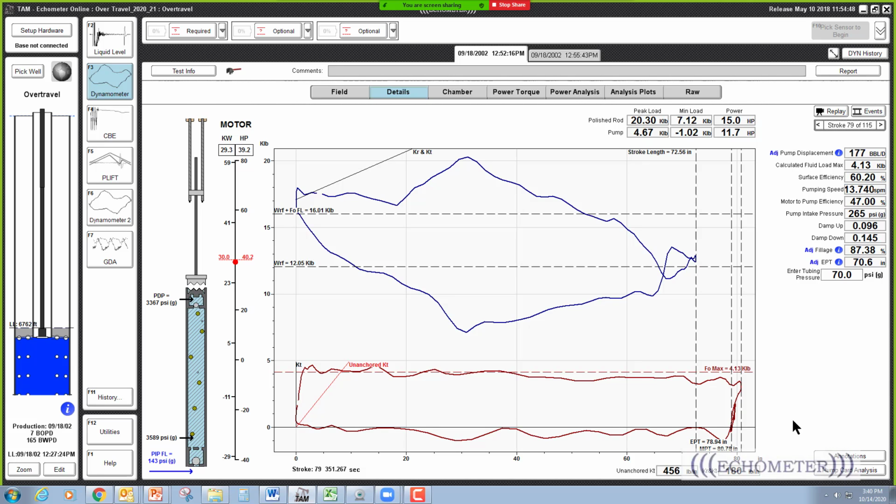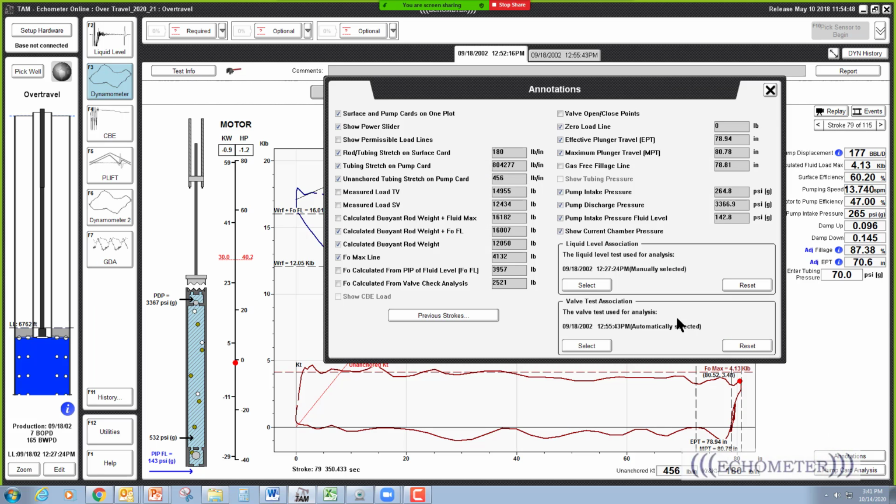Okay, well, it's really more than that, because your surface stroke minus stretch plus the total inches of over travel. So let me figure out what the stretch is. If we go to annotations and look at the spring constant, the spring constant for the rod string is 180 pounds per inch.